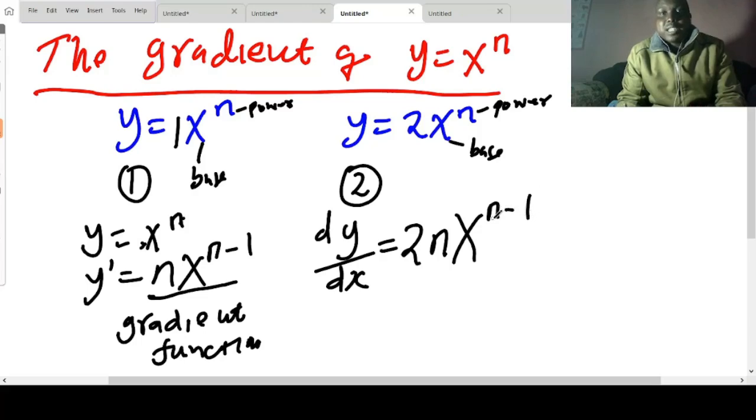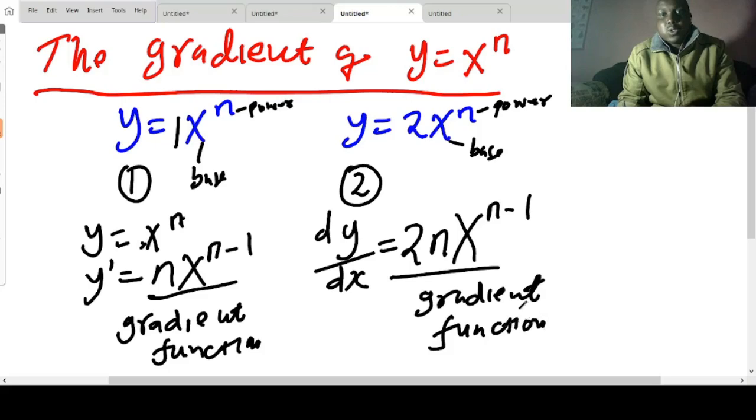So you subtract: what remains is the power minus 1. And this is now the gradient function of our number 2.